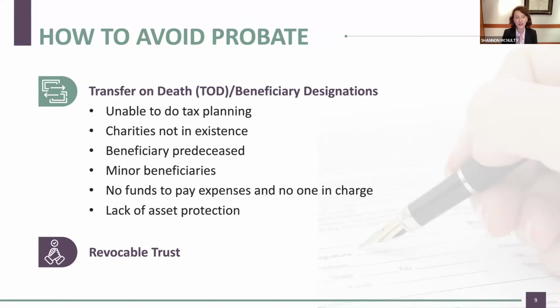And one of the other things is there are no funds to pay expenses and there's no one in charge. Sometimes we see somebody has 5, 7 accounts and they say, well, I've just named the people who I want to receive everything as beneficiaries of each of these accounts.